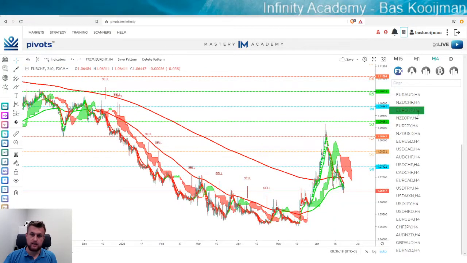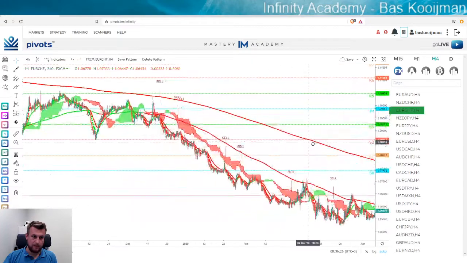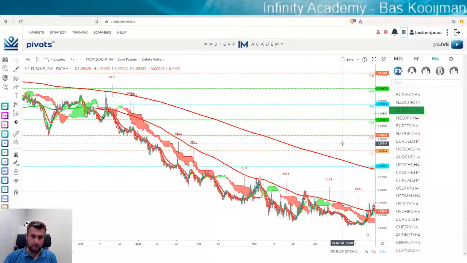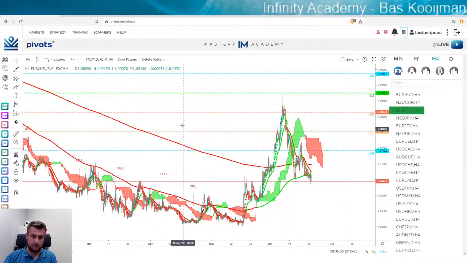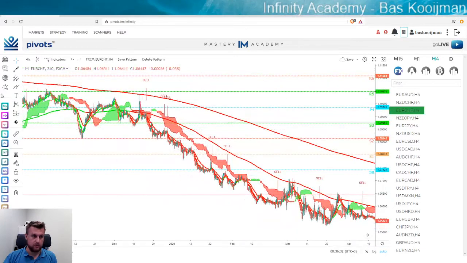The nice thing is that you also get the pivots of the 4 hours, and those are really going to help you. You see a couple of examples here that even though the pivots are of course updated already, you still see great levels of resistance on those different levels.